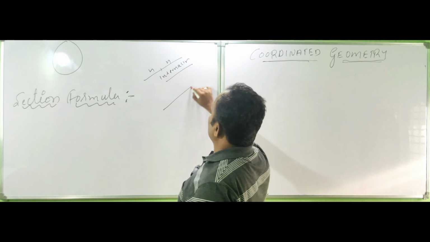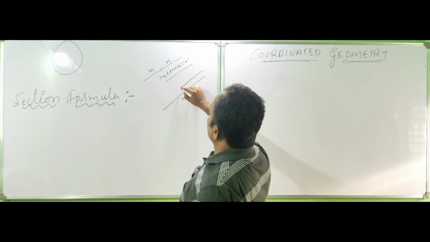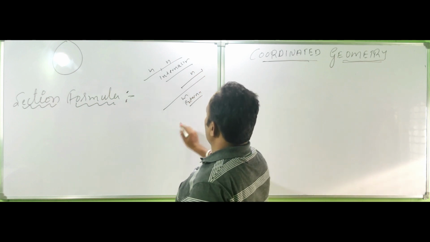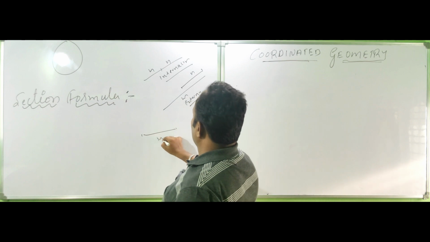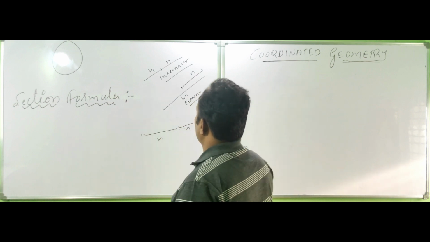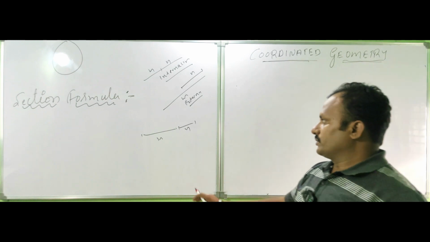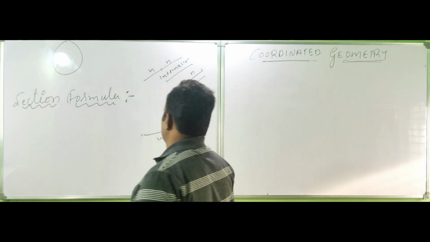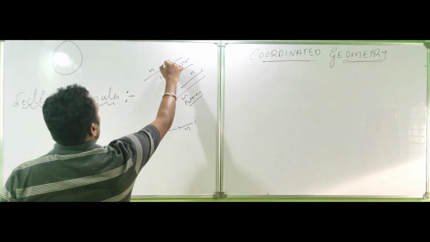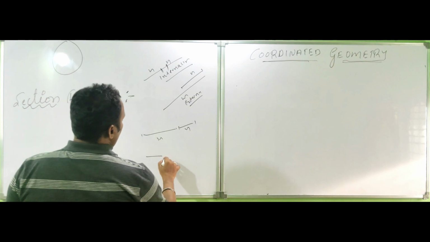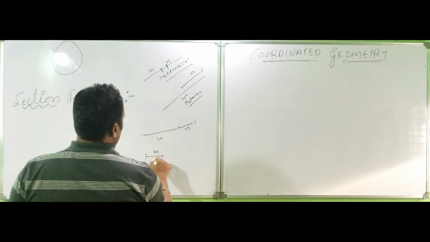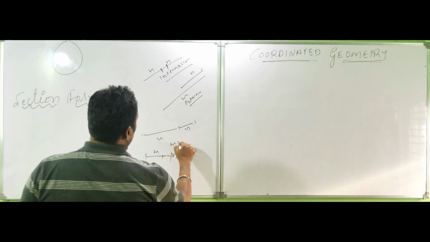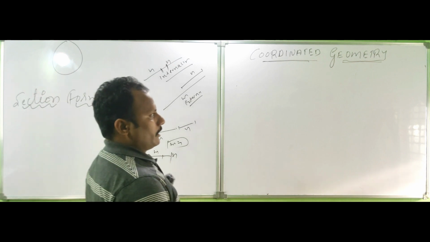If the line is cut outside, with M and N, this is called external, meaning in that ratio externally. Another one is the midpoint, where M is equal to N. We will derive the equations for all three.